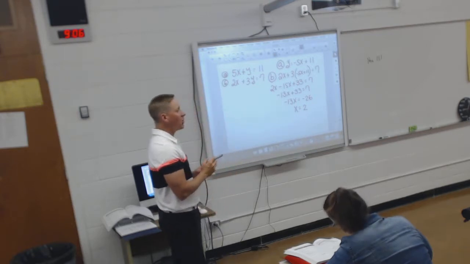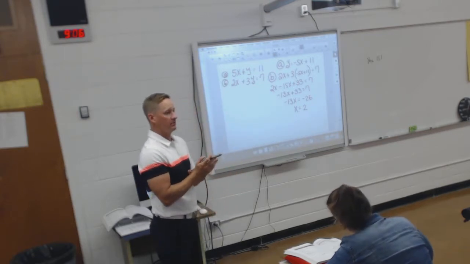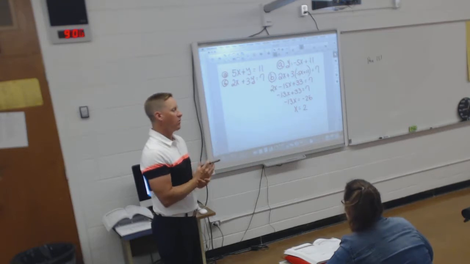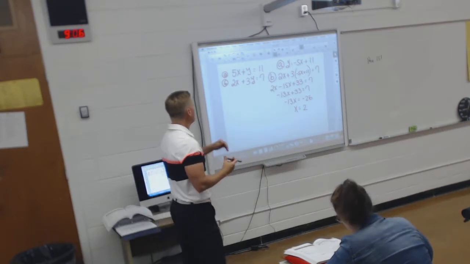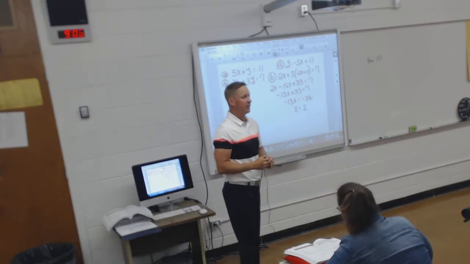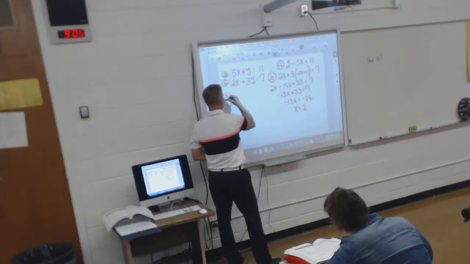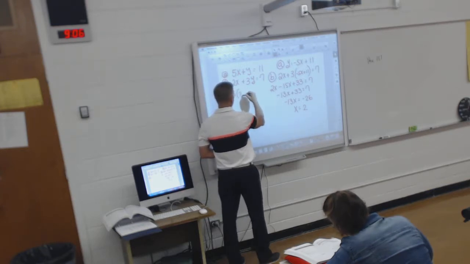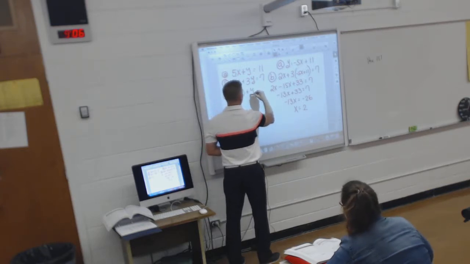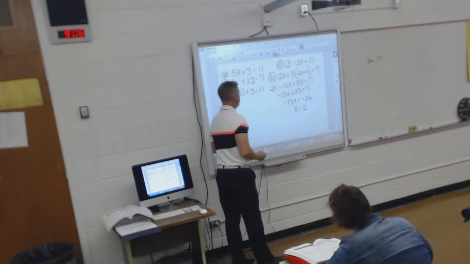Alright, so I have the x coordinate of my intersection point. Now I need the y coordinate. You can choose either equation to do this now. So let's do that. I'm going to use equation A. 5 times my x value, which is 2, plus y equals 11.